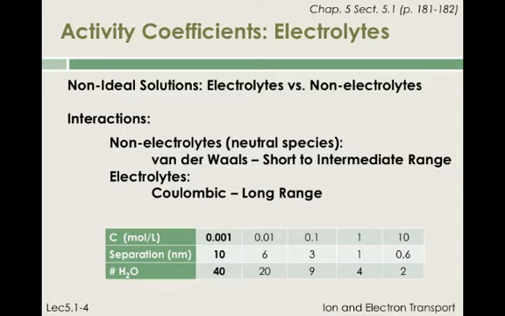Under such conditions, the interactions between non-electrolytes would be very weak. However, at that same concentration, the interactions between ions would be very strong, and significant deviations from the ideal dilute solution behavior would be expected.